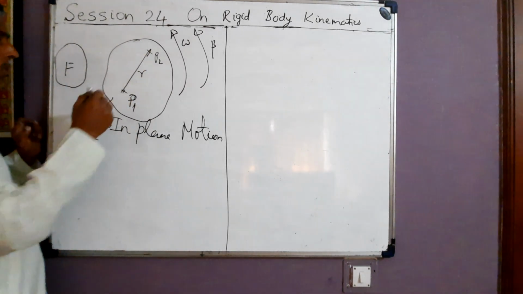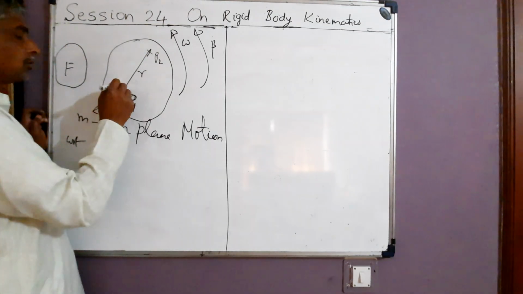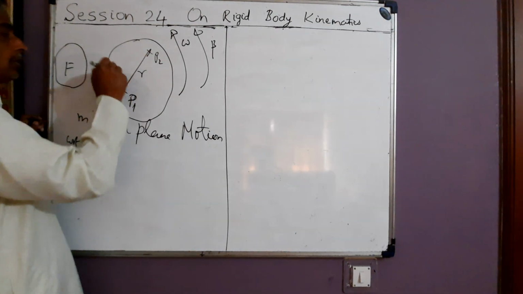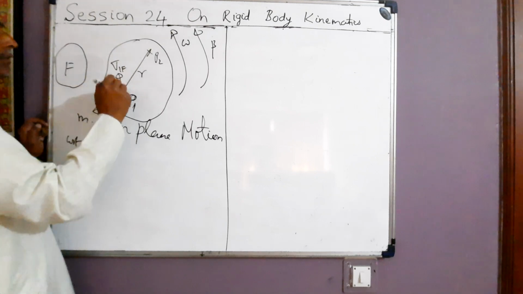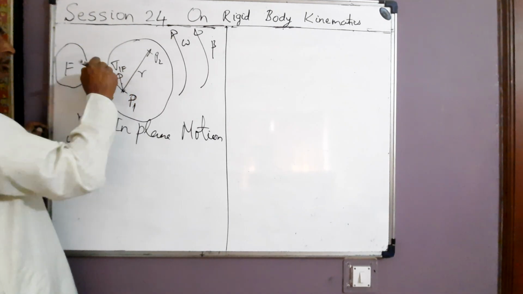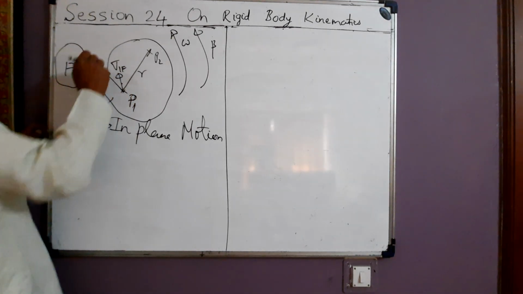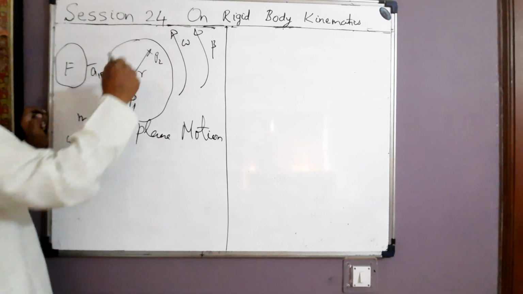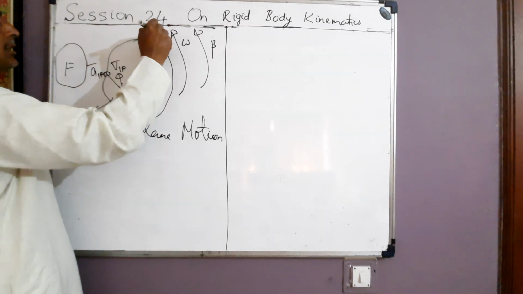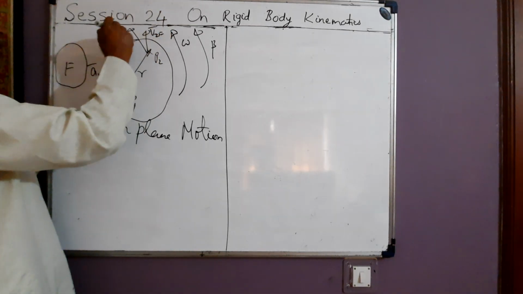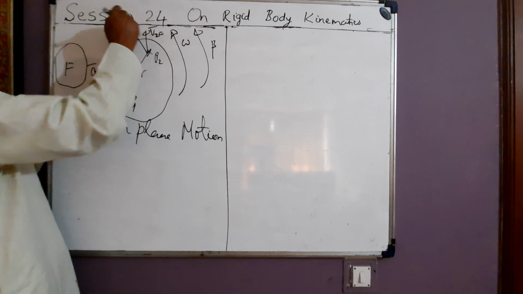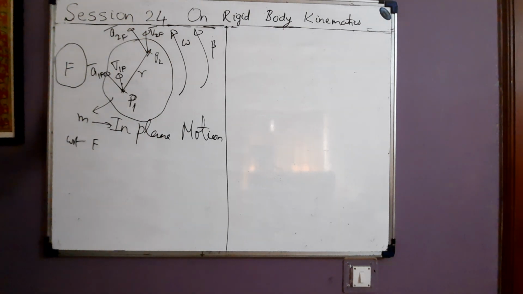Now suppose the velocity of P1 with respect to F is V1F and the acceleration of P1 with respect to F is A1F at a given instant. Suppose the velocity of P2 with respect to F is V2F and A2F is the acceleration of P2 with respect to F at time t.